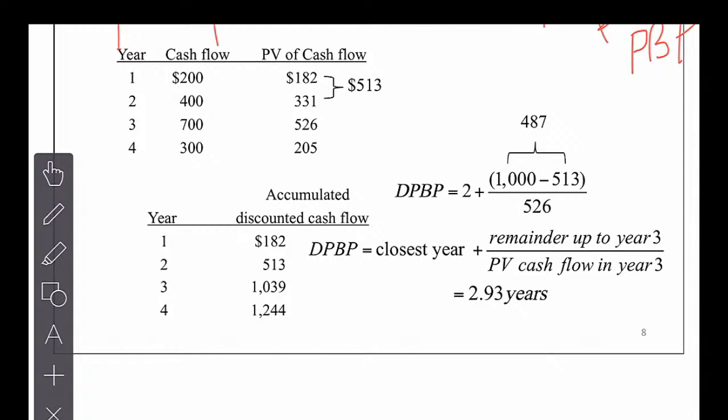And you could do that here too, if you just looked at the cash. So if you did cumulative cash flows, this would be 200 in the first year, and then 600, and then 1100. Sorry, yes, 1300.